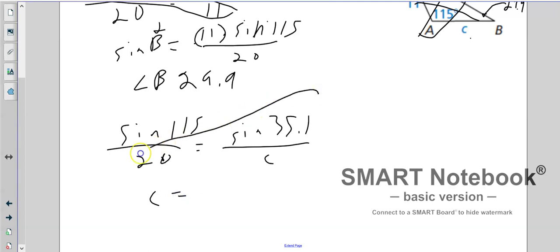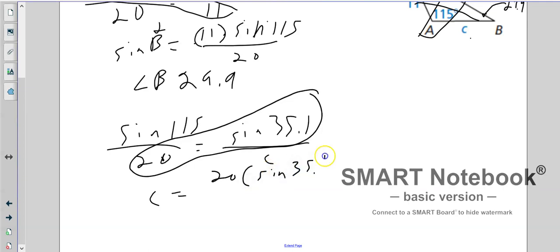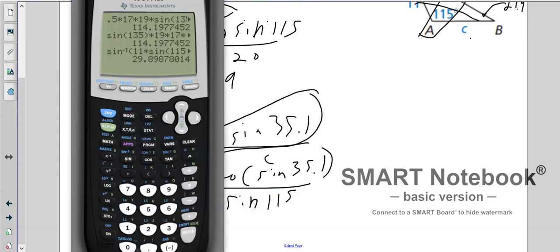C is equal to, remember, cross multiply and divide, 20 times the sine of 35.1 divided by the sine of 115. So I take my handy dandy calculator and type that out.